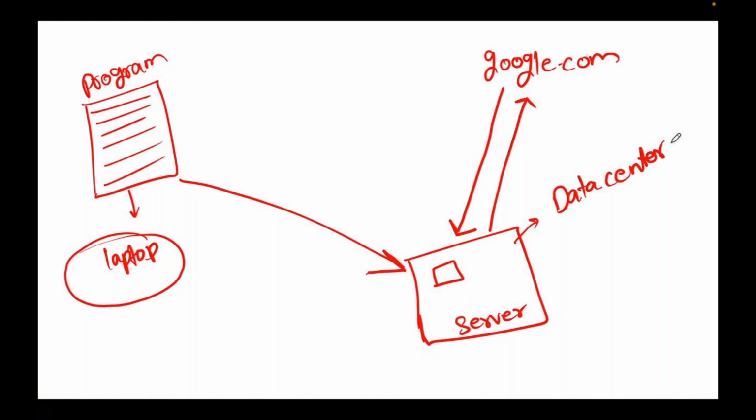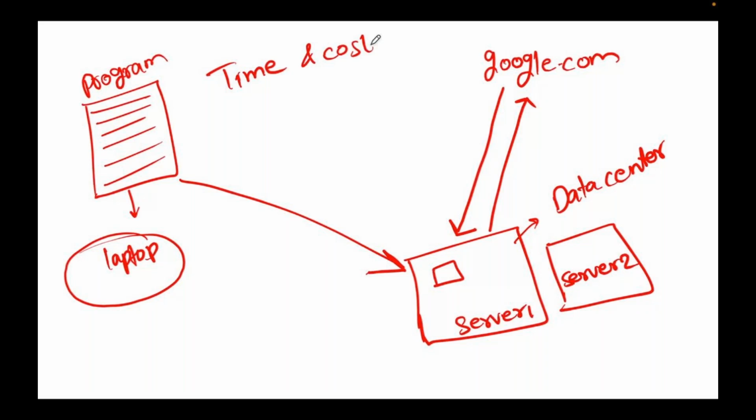And if you have more traffic, you have to scale it; you have to buy one more server. This is called scaling. But with data centers, scaling takes more time to deploy one more server, and more cost to buy it.